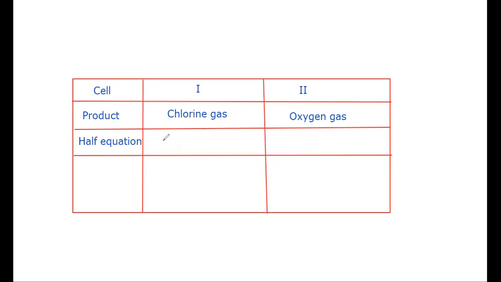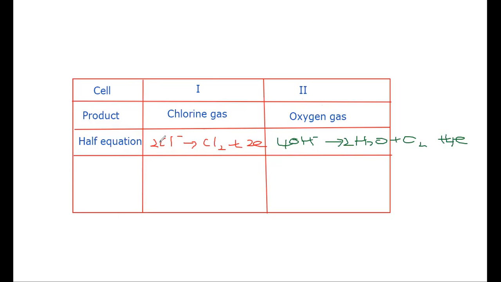For the chlorine gas, the chloride ion becomes Cl2 plus 2 electrons. Okay, for this, you are going to have your hydroxide ion selectively discharged. You are getting H2O and oxygen. Balance up the equation, you put a 2, you put a 4, and a 4 here.